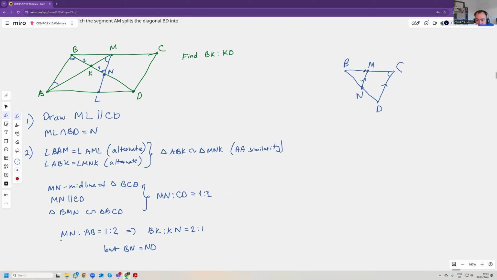That means that this angle is equal to this angle, and this angle is equal to this angle. Because M is the midpoint, BM is equal to MC. That means that BC is twice BM. And that's why the scale factor is 2. Oh, well, 1/2, depending on which way you go. Does that make sense?